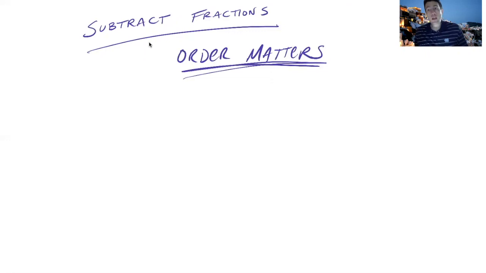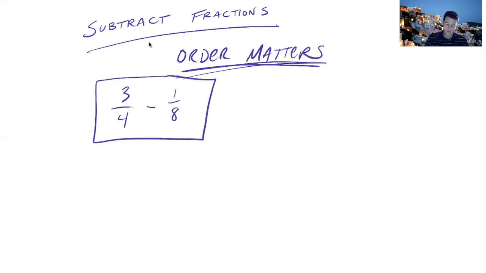And when New York State or any publication presents you with a problem, they have to write it properly. I'm just talking about a straightforward problem. So if I said 3/4 minus 1/8, if they just give you this on a worksheet or a quiz or a test, they have to put the larger fraction first.